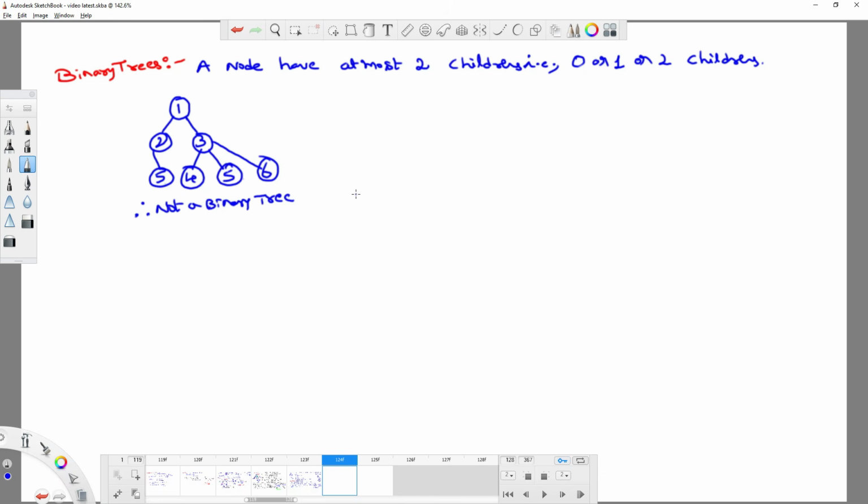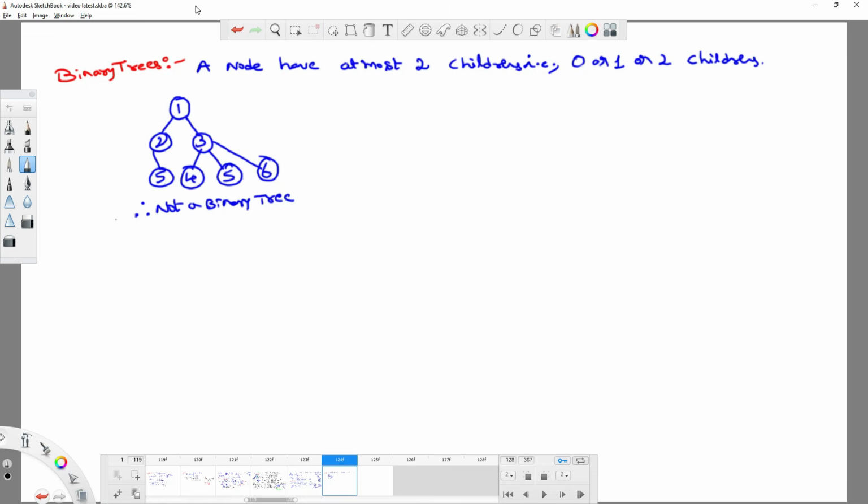So, based on this, how are we going to draw the trees? I can ask you something. For example, you have some nodes, let's say 1, 2, 3.